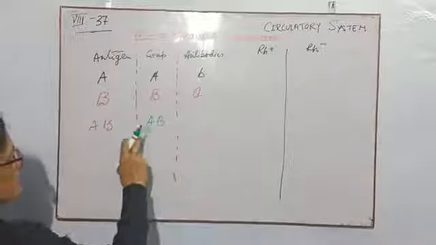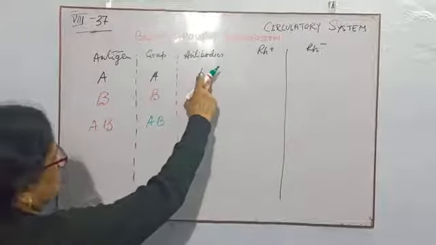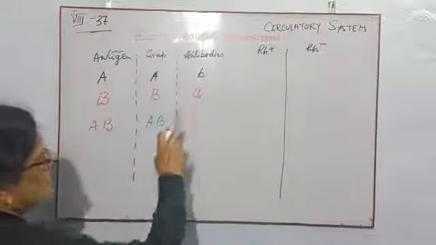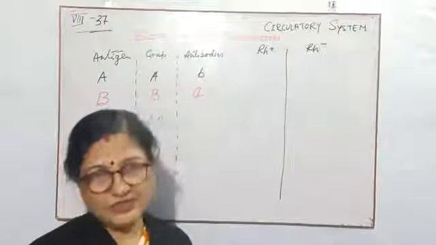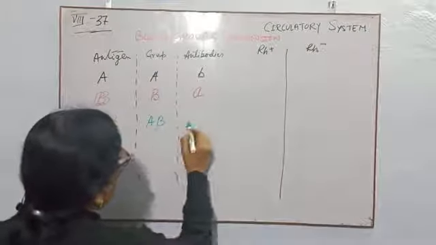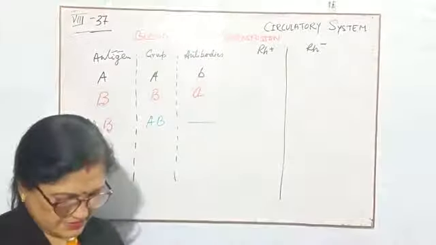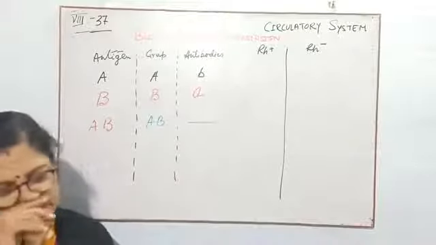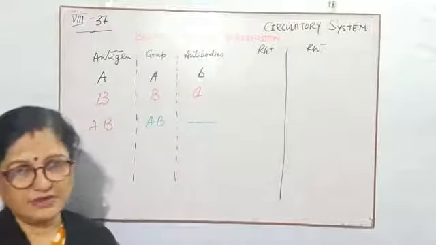For antigen A the antibody would be small b, and for antigen B the antibody would be small a, so both cannot survive along with both antigens. So in blood group AB, there will be no antibodies. Clear? So those who have both types of antigens will have no antibodies.